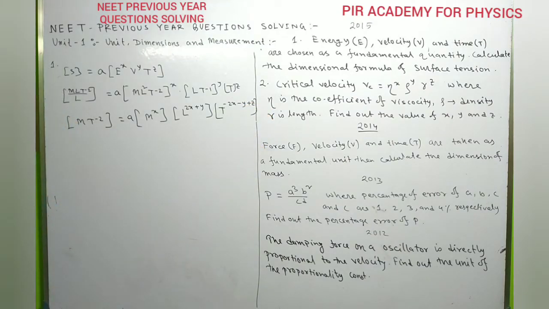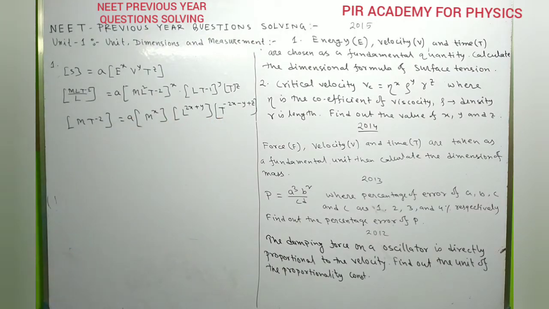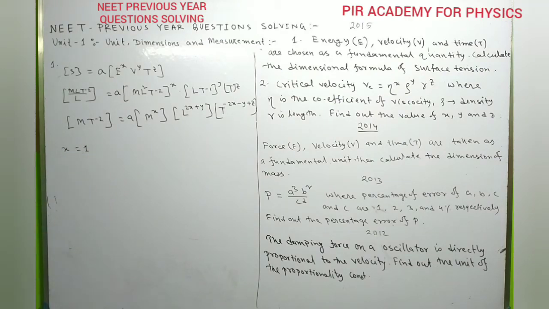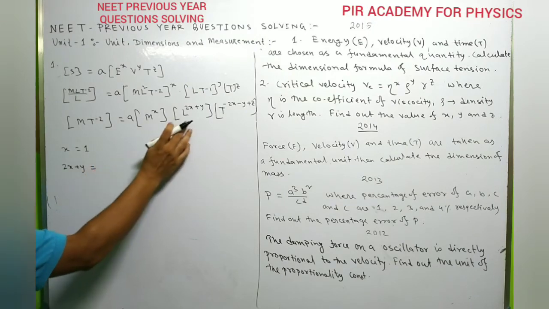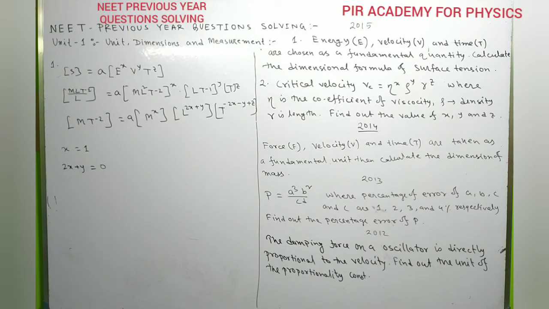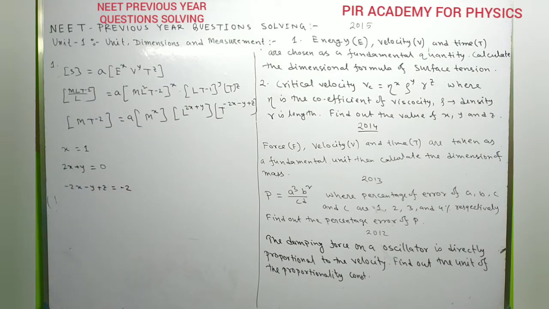If I equate the powers of mass, length and time on both sides, then we can write that x equals 1, and 2x plus y for length equals 0, so this must be 0, and minus 2x minus y plus z must be minus 2.